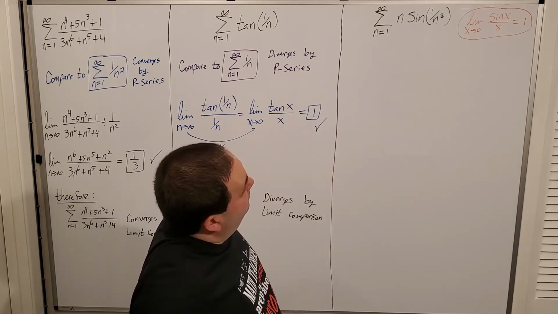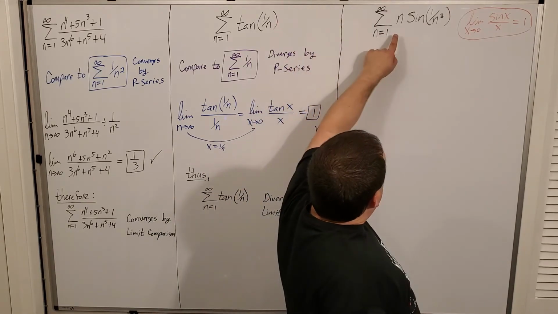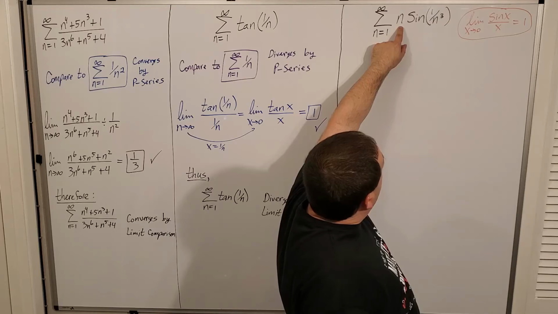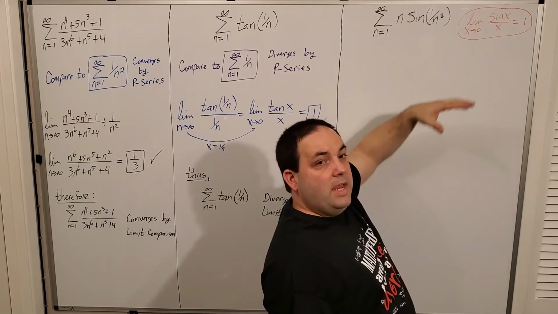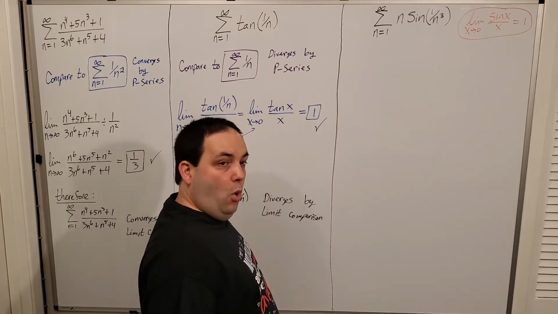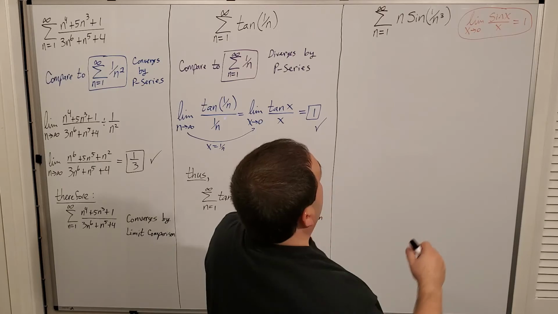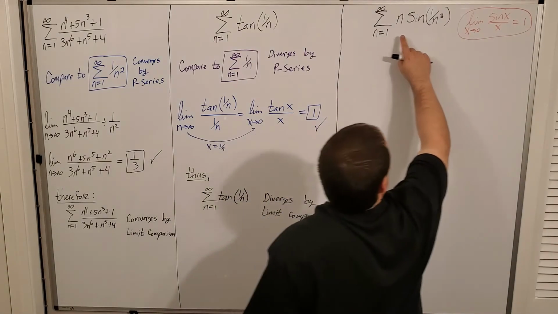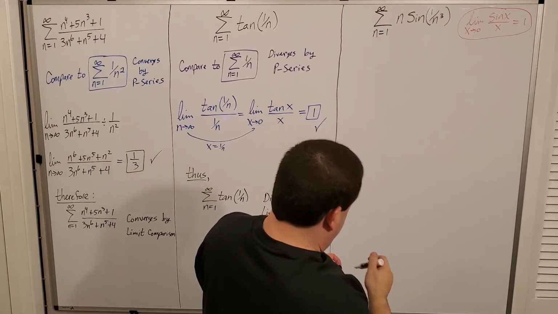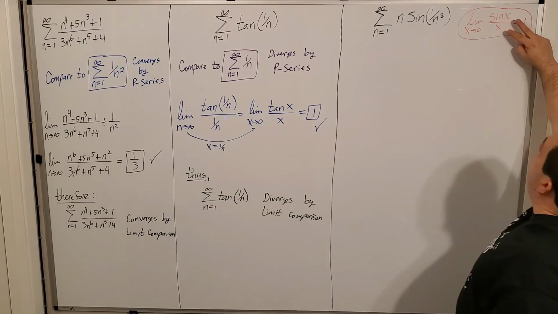Okay? Now in this case, it's a little different than before. I already have an n out here, and I need to make something that compares to this work the way I want it to work. So what I'm going to do is first look at what I've got and see what else I need to make this kind of pattern happen.